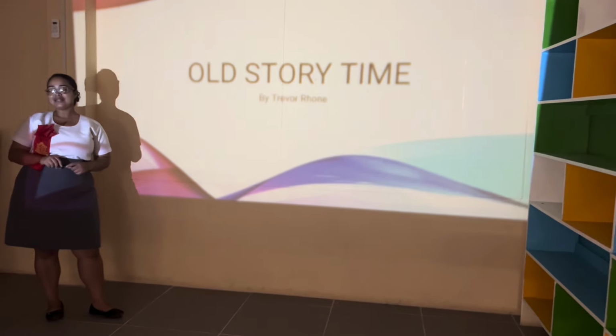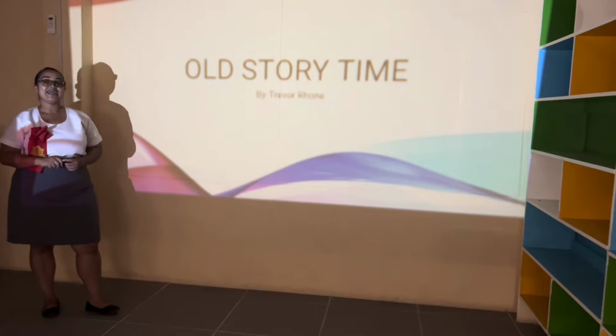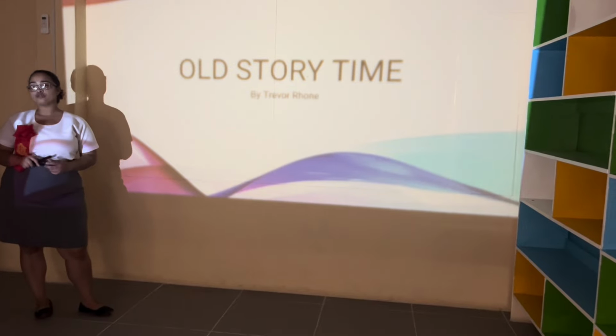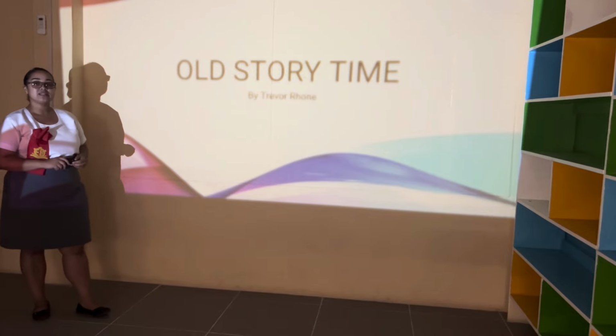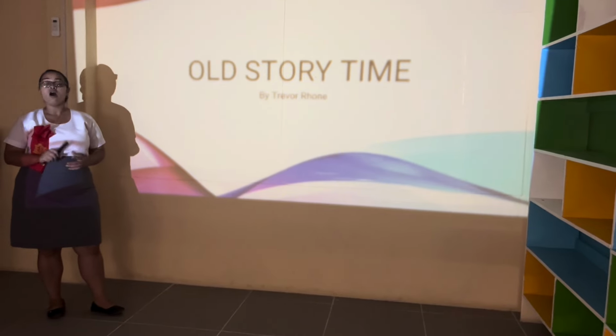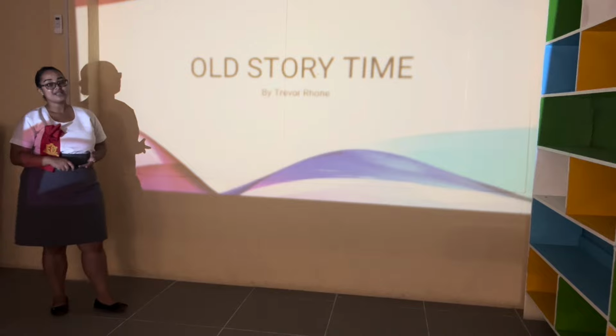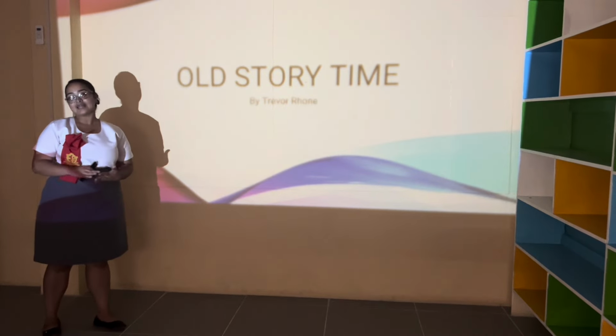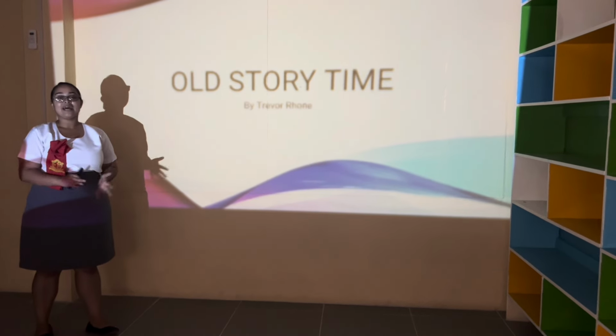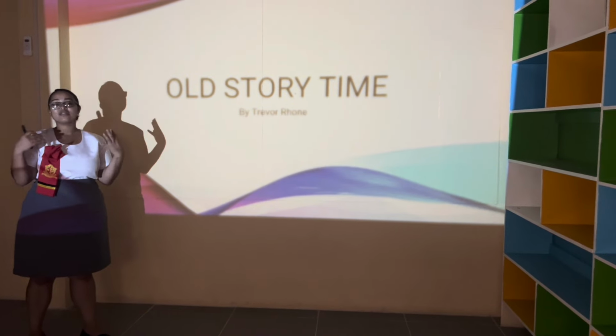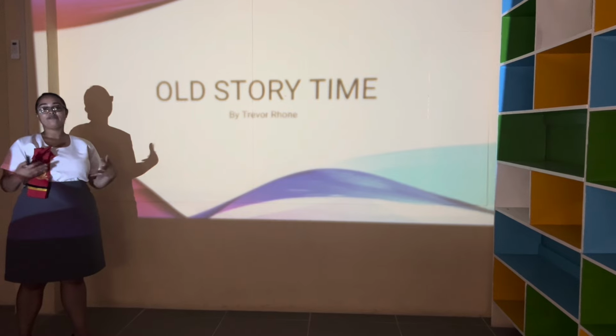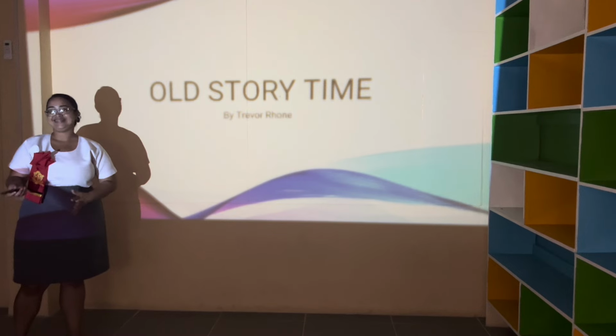Good morning, students. Today we will be doing a drama or story time, and we will be explaining the themes of colorism, prejudice, and social status while examining the way the characters feel and how they felt in the moment of the play.